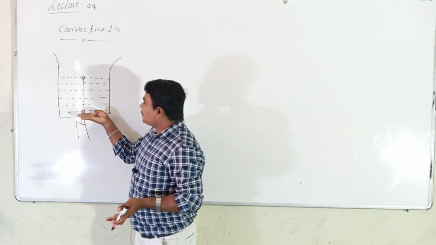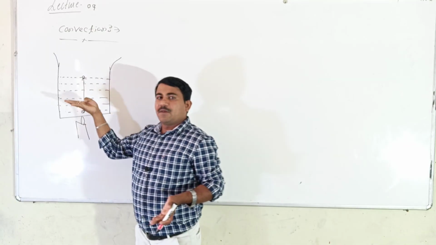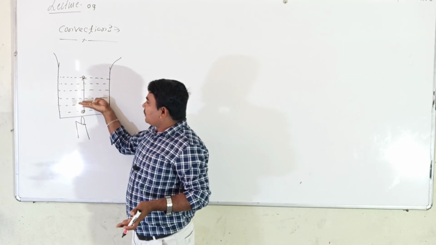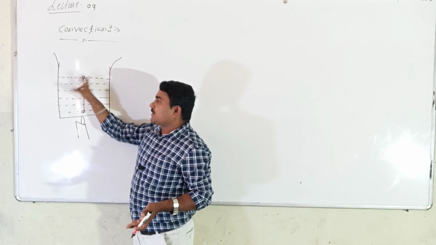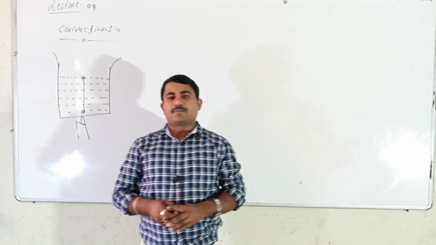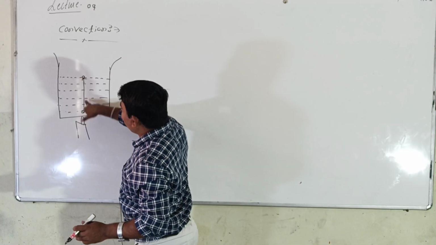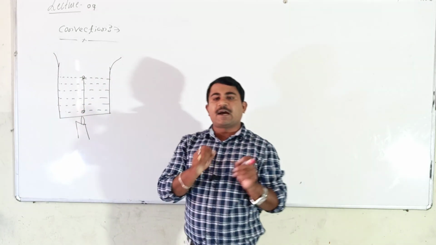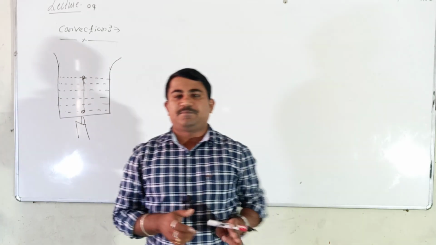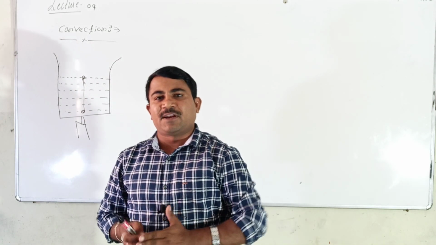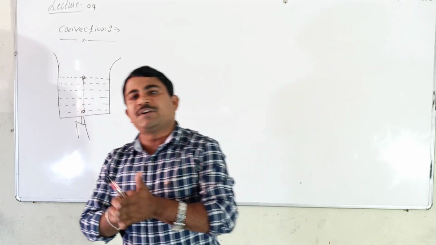As a result, this molecule will rise up. When a molecule rises from one place to another, it can transfer heat energy to the upper molecule. Similarly, when heat transfers from one part to another part, a current is set up in the liquid. That current we are calling convection current.